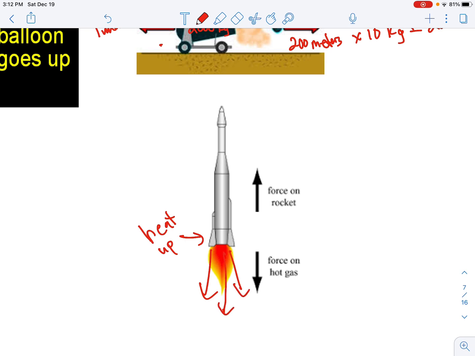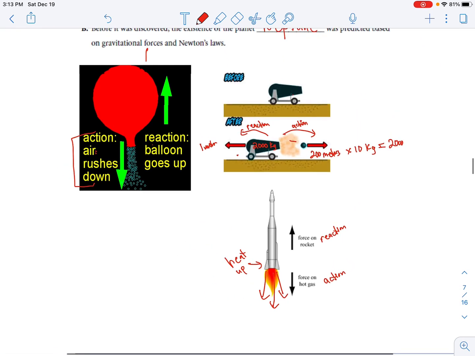That's a huge force. So all the fuel is bursting out the bottom of the rocket. The opposite action is going to send the rocket up into the air. So this is the action, heating up the gas. The reaction is the rocket getting sent up in the opposite direction. So there's a couple examples. Your textbook has some more.